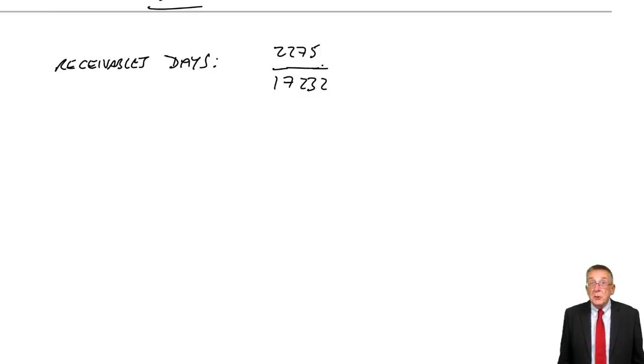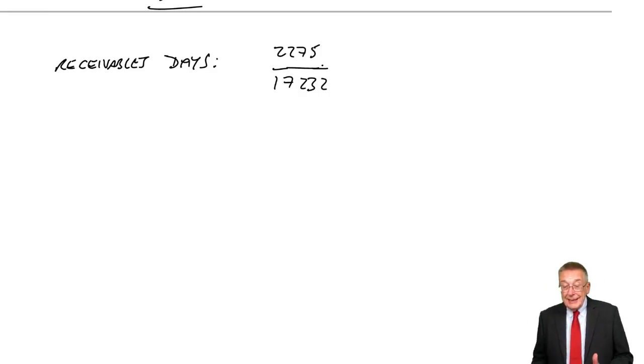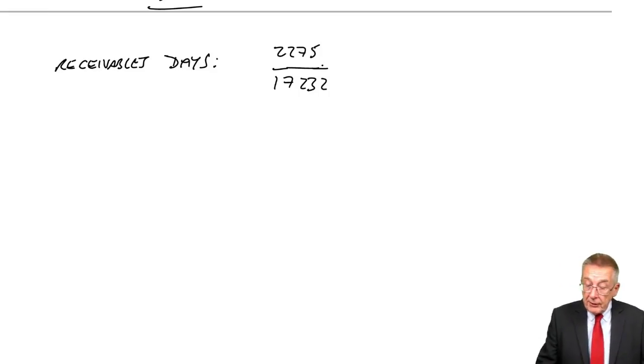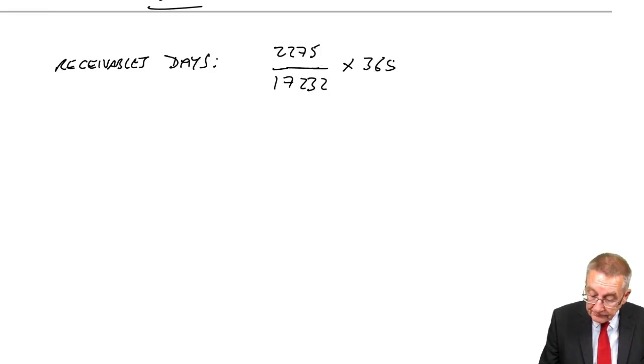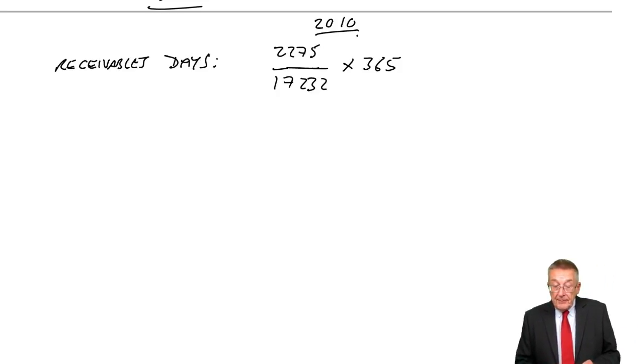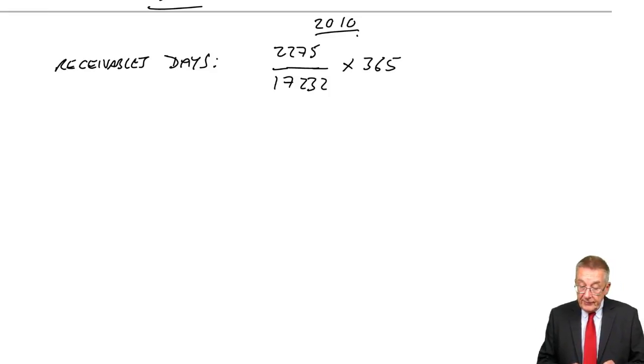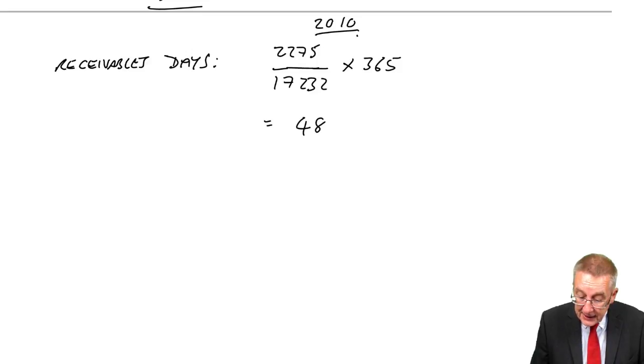We've no choice but to assume that all sales are on credit. So our receivables are that proportion of the total sales. And on the assumption there are 365 days in a year, this is 2010, it would appear that we're giving them that proportion of a year's credit. So 2275 divided by 17,232 times 365, I get 48 days.